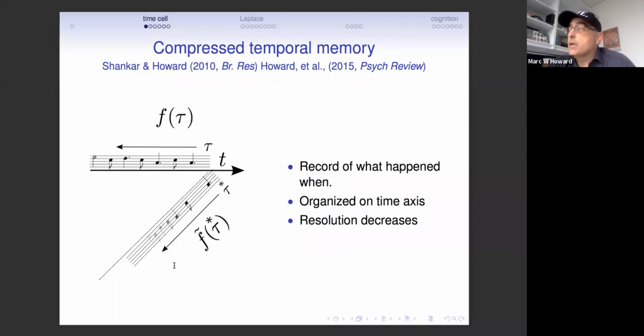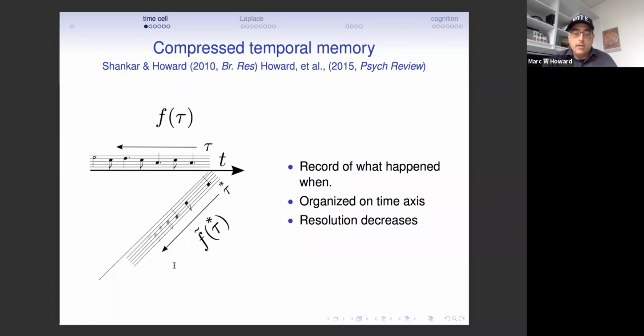And here's the basic hypothesis. As an event happens, as something unfolds over time, we listen to, for instance, a melody, boop, boop, boop, something like that. As it recedes into the past, neurons in our brain actively maintain a record of that recent experience, much like the musical staff going diagonally in this figure.